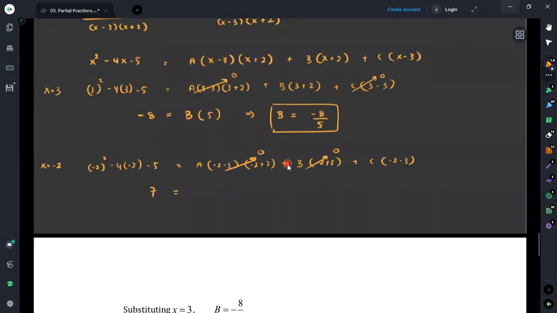Solving this, we get plus 7 equals c times minus 5. Then the value of c is equal to minus 7 over 5.